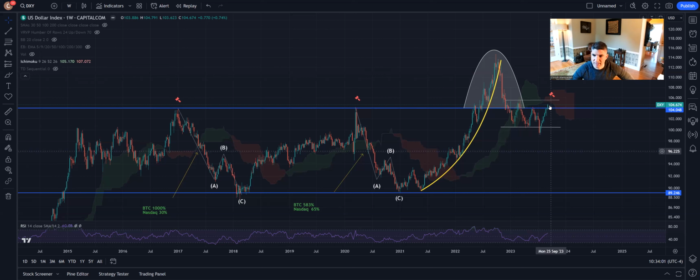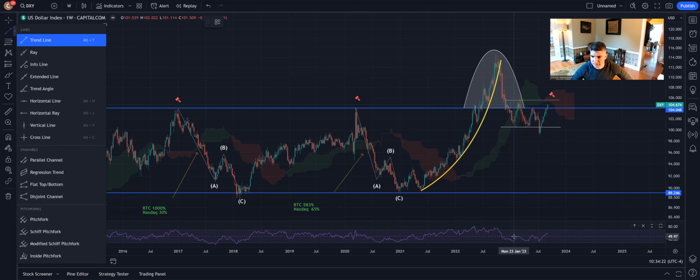So am I making any investment decisions based on this? No. I'm just noting that in these powerful downtrends, in the last 2 powerful downtrends in the dollar, is when Bitcoin and the Nasdaq have had their biggest runs, and you can see them listed here.